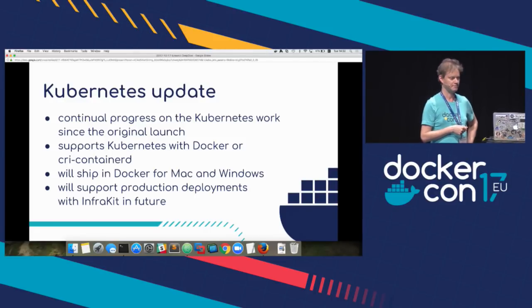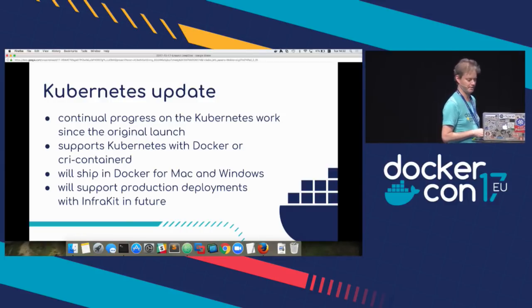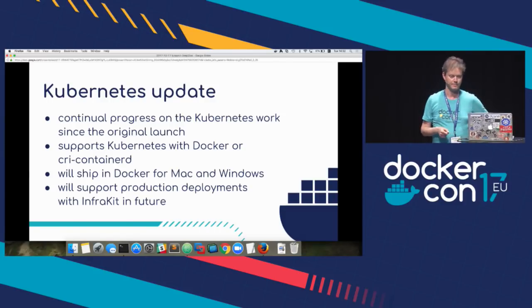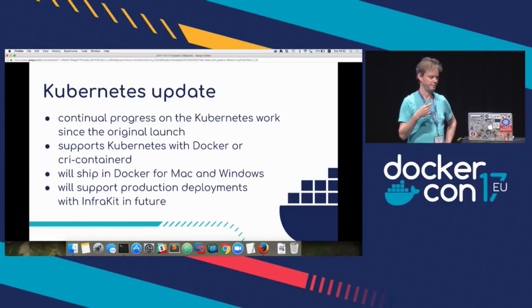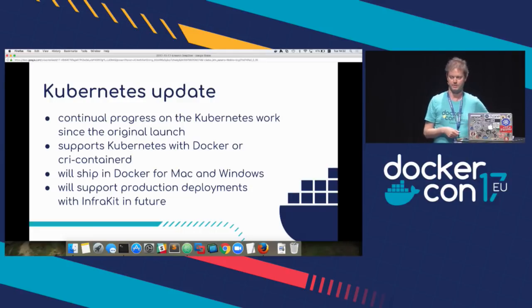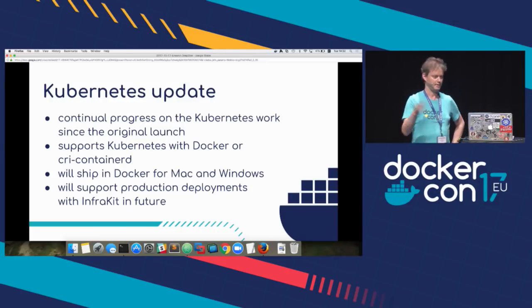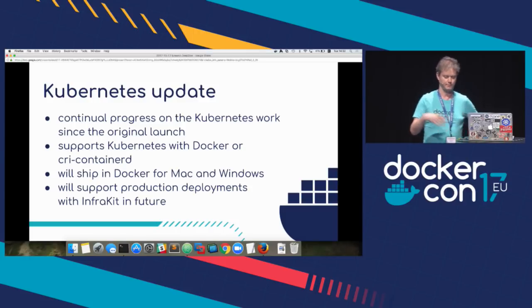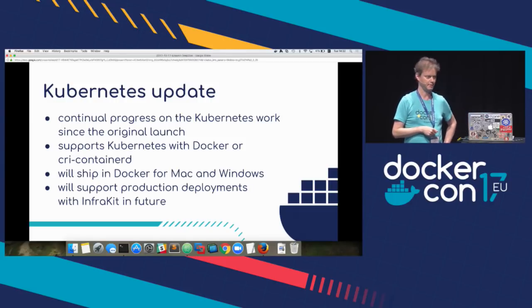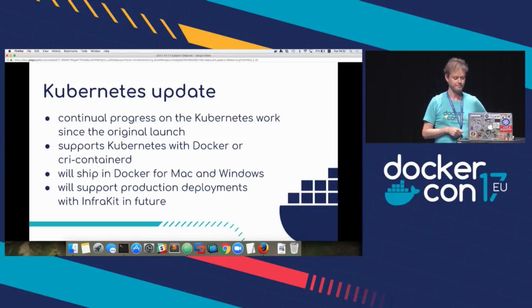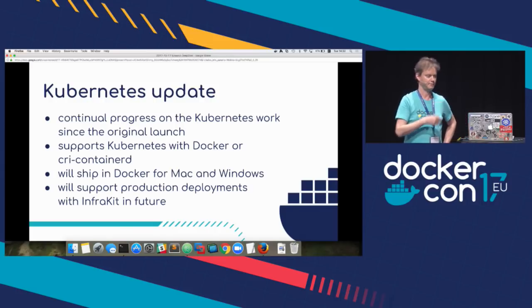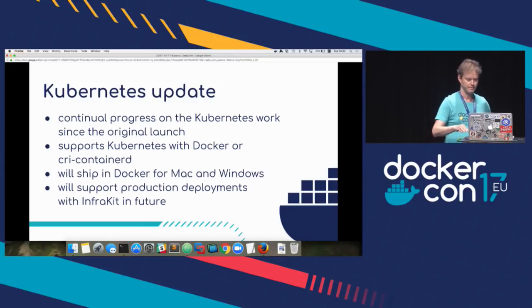We've been working towards making this production ready so that we can ship it in the next Docker for Mac, and also use it in production deployments in future, for Docker for AWS and other platforms. You can all use it yourself for your own use cases with Kubernetes. We've got a lot of interest in people using LinuxKit for Kubernetes deployments as well.